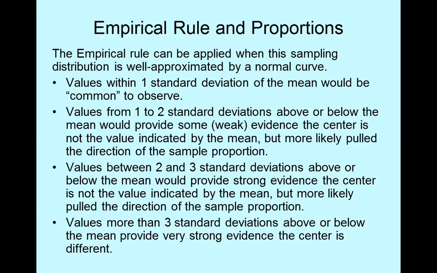And then values more than 3 standard deviations above or below the mean are going to provide very strong evidence that the center is not correctly defined, but rather is pulled the direction of your sample proportion. So keep in mind as we move through and talk about different topics, especially when we revert back to things that are normal or symmetric, we can apply the empirical rule as well as just calculate probabilities.